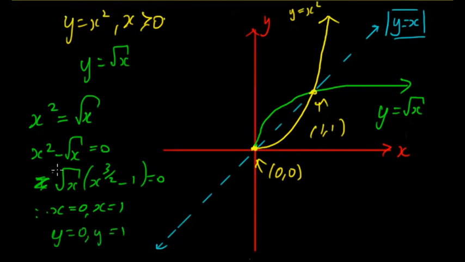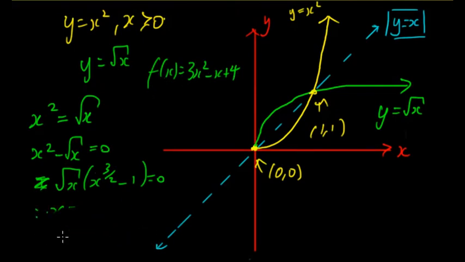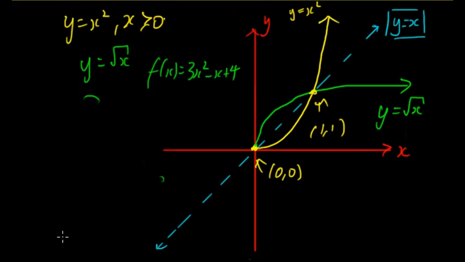But if it was a really long equation, so let's say f(x) is equal to 3x squared minus x plus 4, then the inverse could start to get a bit nasty. And if you let it equal the inverse, it could be hard to solve. So sometimes it would be easier, especially if you're doing it on the calculator, to just go f(x), or one of them, is equal to x.